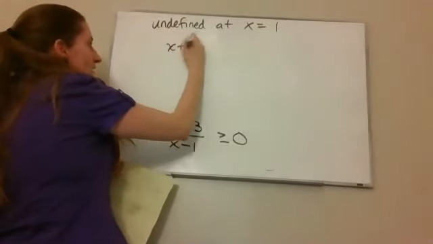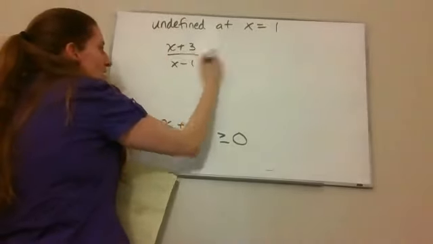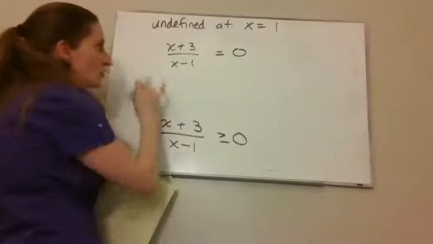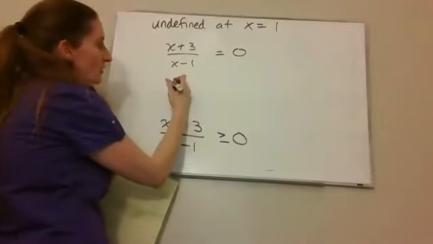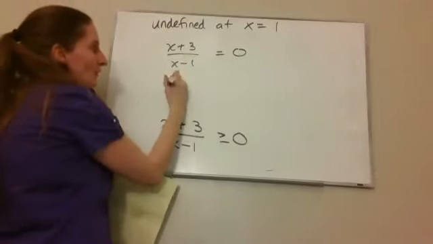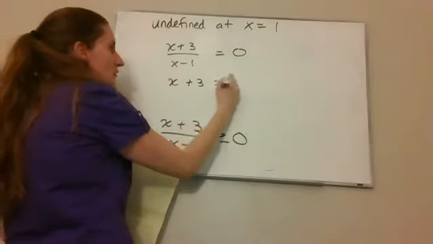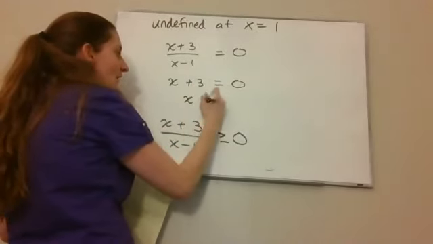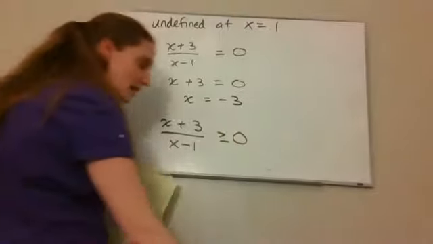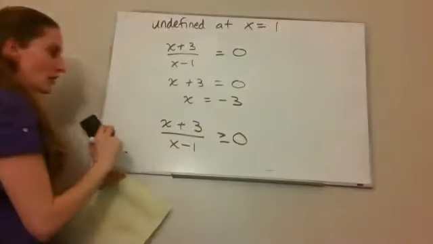And the rest of this equals 0 when just the numerator equals 0. You can get there by multiplying both sides by the denominator. So I get x equals -3 as my other boundary point.